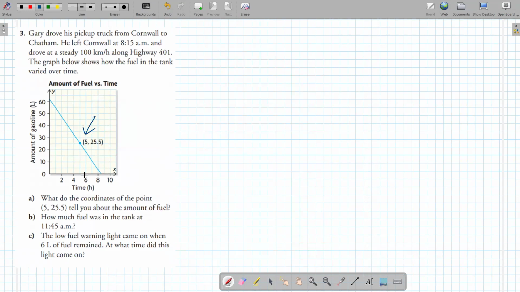So if you had to explain this point, 525.5, to someone, how would you explain it to them? After 5 hours, that was the amount of fuel left. Exactly.